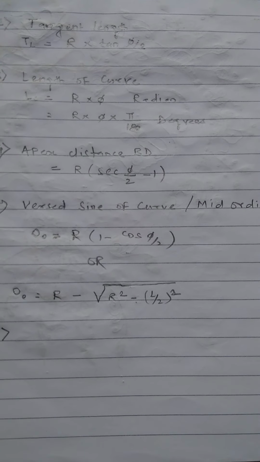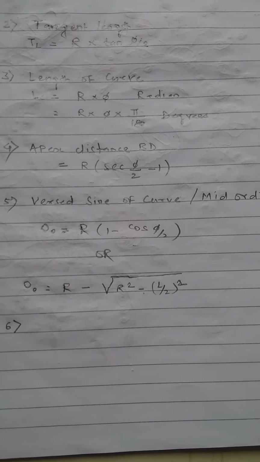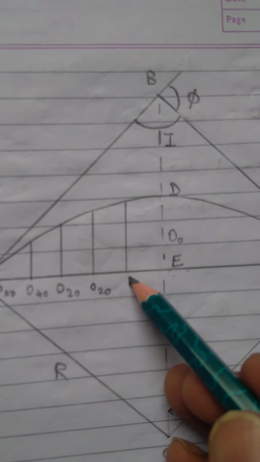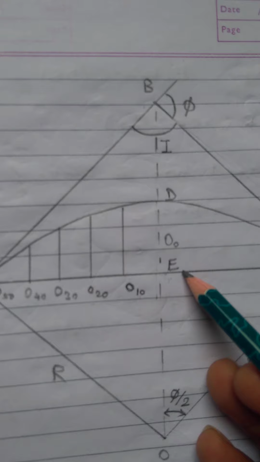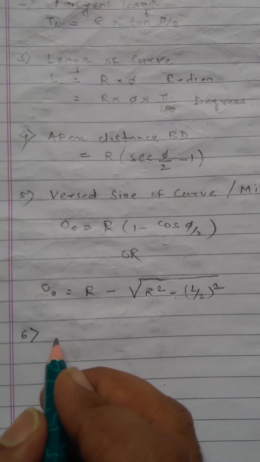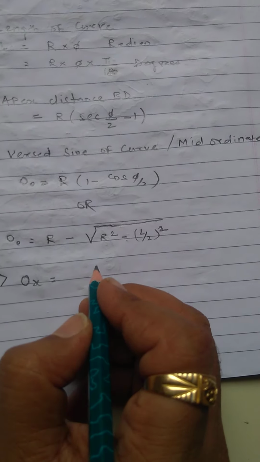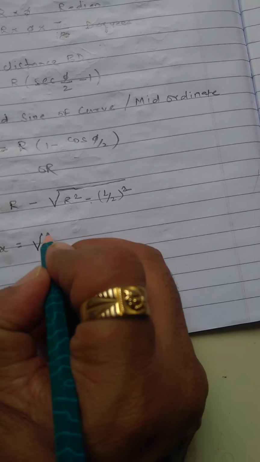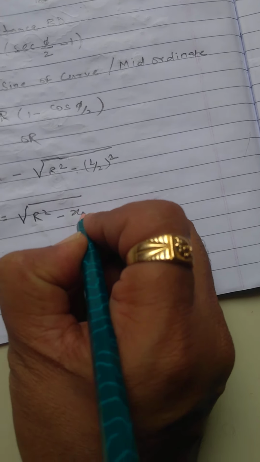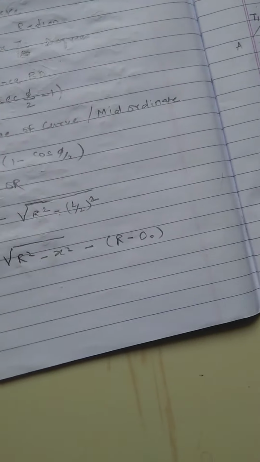Now to find any ordinate, that is O10, O20, likewise at any distance x. See the sketch. If the peg interval is 10 meter, x will be 10 meter. Likewise, if the peg interval is 20 meter, then x will be 20 meter. To find the ordinate at any distance x, use this relation: OX is equal to under root of R square minus x square, minus (R minus O0).